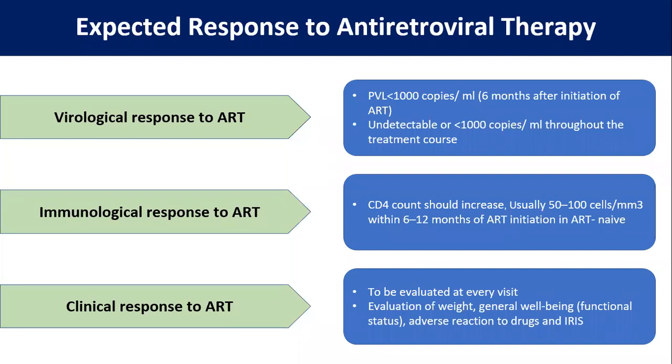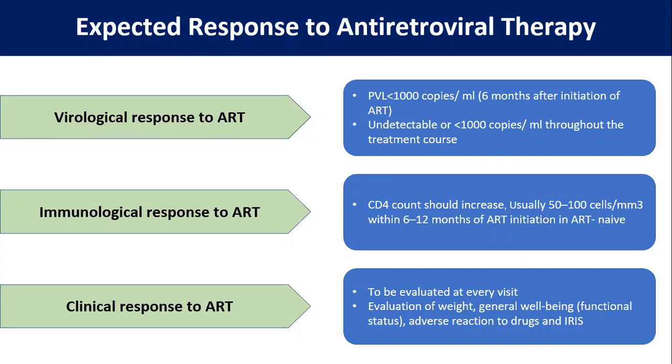The first response is in the virological arm: the patient gets suppressed virologically. That is, the viral load would be less than 1,000 copies per ml after 6 months of ART with adherence more than 95%.